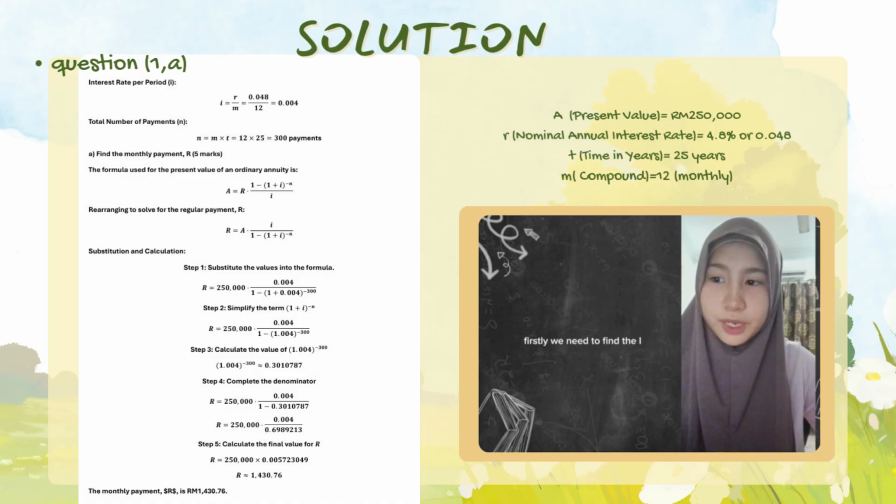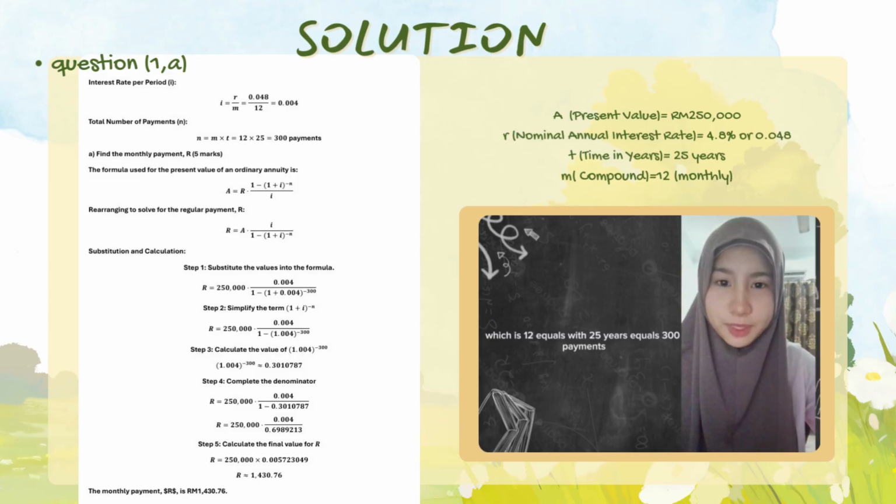Firstly, we need to find I, the interest rate per period, and I equals R over M. R is the nominal annual interest rate and M is how many times we compound. In this case, our I is 0.048 over 12, which equals 0.004. Our N is M times T, which is 12 times 25 years, equals 300 payments that need to be settled.